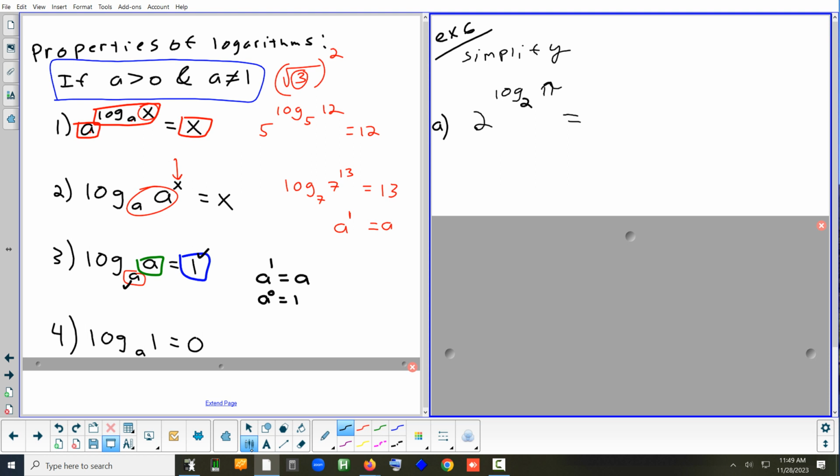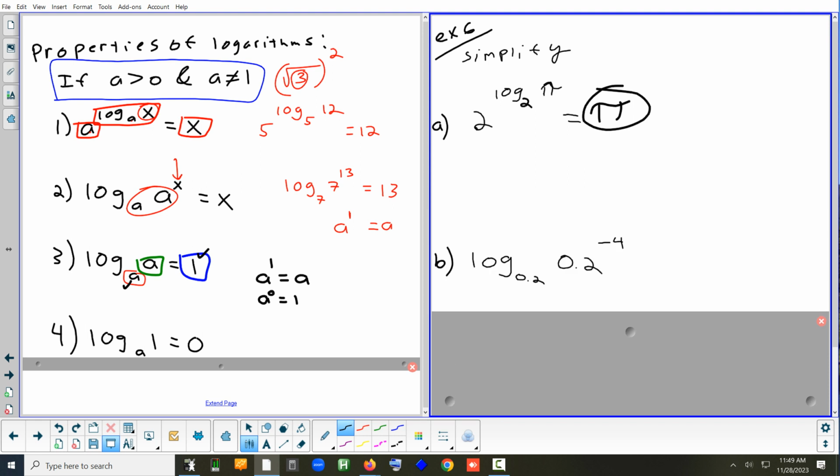Pi. Let's try this one. Log base 0.2 of 0.2 to the negative 4th power. Which property is that one? That's property 2, where the base and the argument match. 0.2, 0.2. So the answer, what did we just say? Negative 4. Yep.